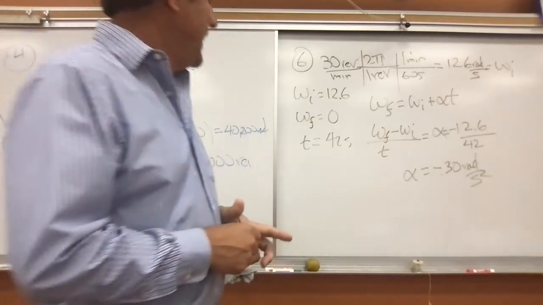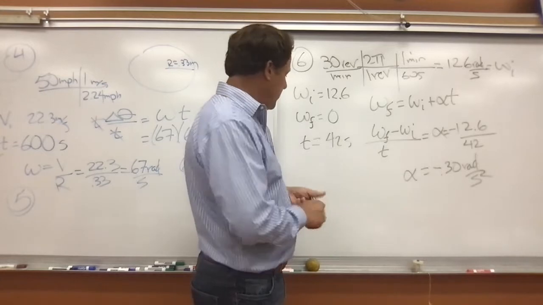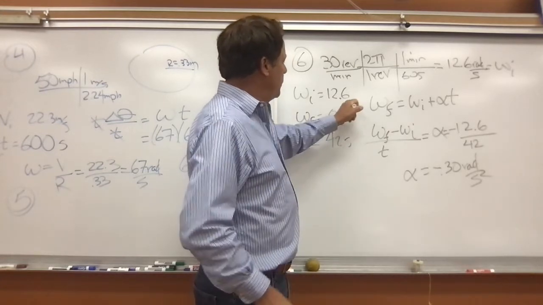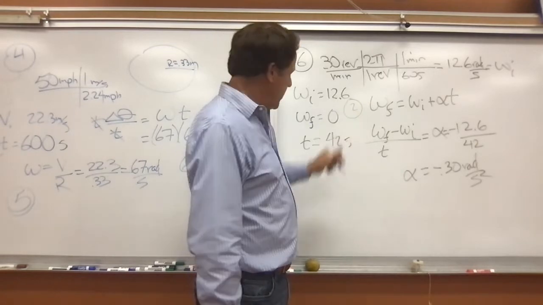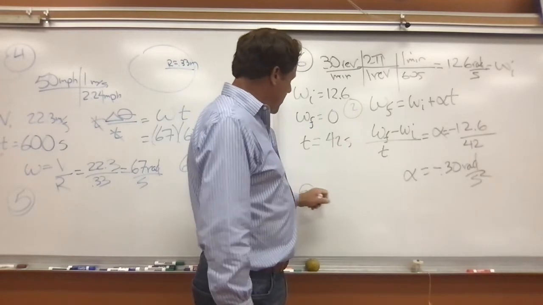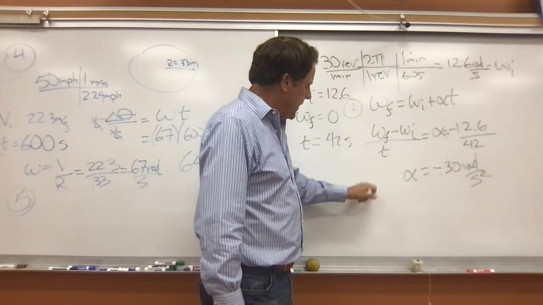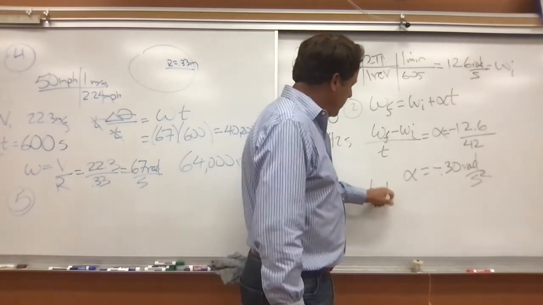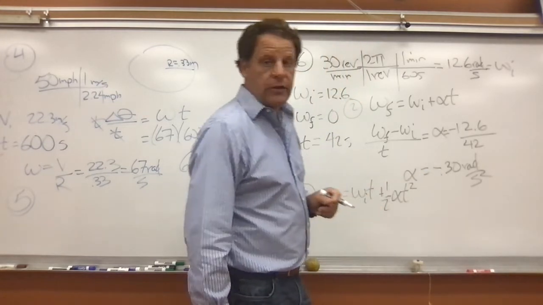So we want a theta, and we have an alpha, and we have a time. So this, remember, is the third kinematic equation: theta is equal to omega initial t plus 1/2 alpha t squared.